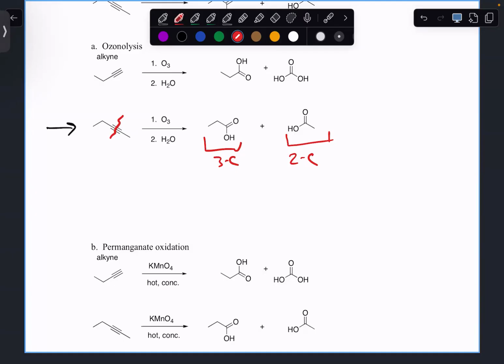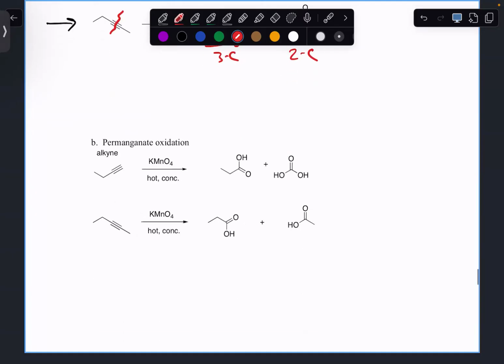All right. Down below, I have the exact same compound. We're just cleaving with permanganate here. You'll note the similarity. We're going to, again, cut the molecule at the multiple bond.